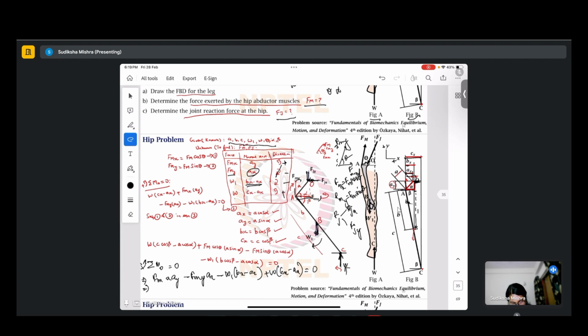Okay, and we know Fmx is Fm cos theta, Fmy is Fm sin theta. We substitute these two here.